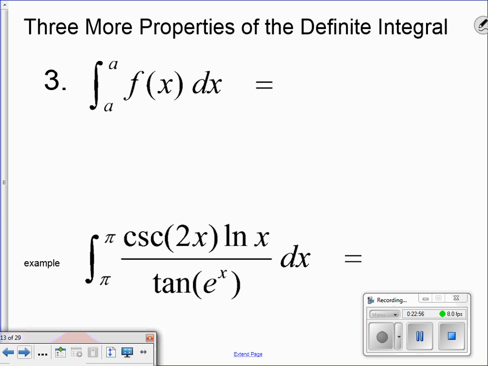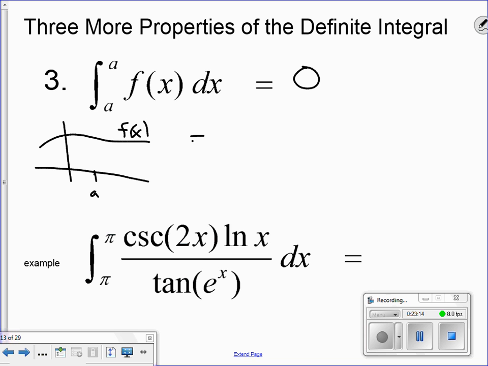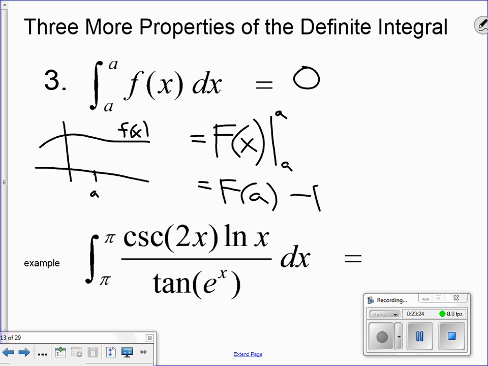Yeah, that's true. You can think of it two ways. Either think of it as you've got this function f of x, and you're taking the area underneath it from a to a. Oh, no area. And the other way of thinking of it, like Ryan was saying, if you've got the antiderivative, call it capital F, and you had to evaluate it from a to a, you'd be subtracting the same thing: capital F of a minus capital F of a.